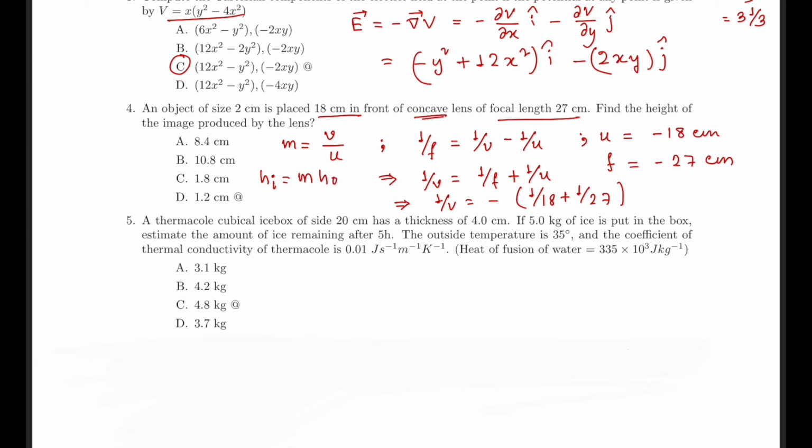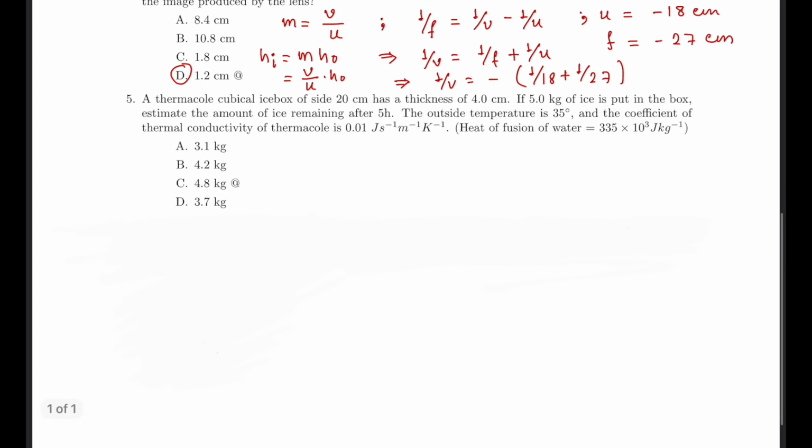So it should be v by u times h0. Here v will also come out as negative because you can see the image is on the same side as the object, and u is already negative, so the whole thing would be positive. This is a simple calculation, so it would be 1.2 centimeters.